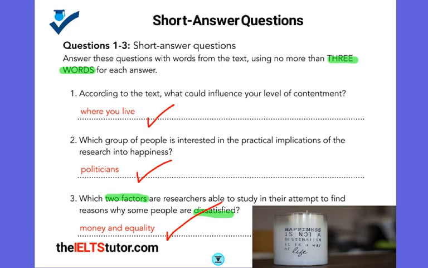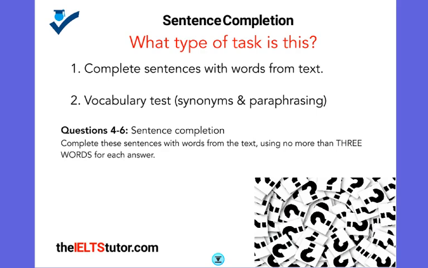Okay, now let's go through the type of task for sentence completion. In this kind of task, you need to complete sentences with words from the text. You will not be able to see questions.